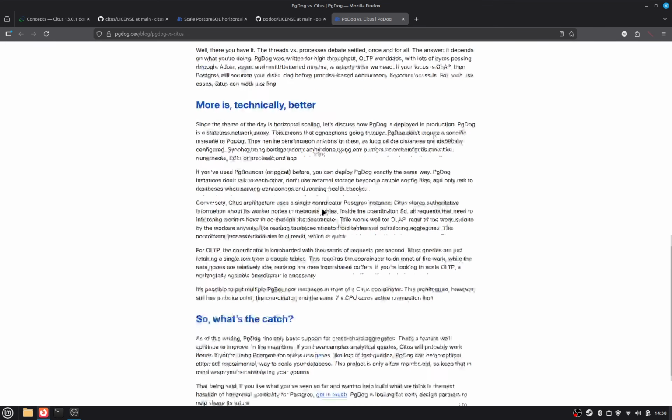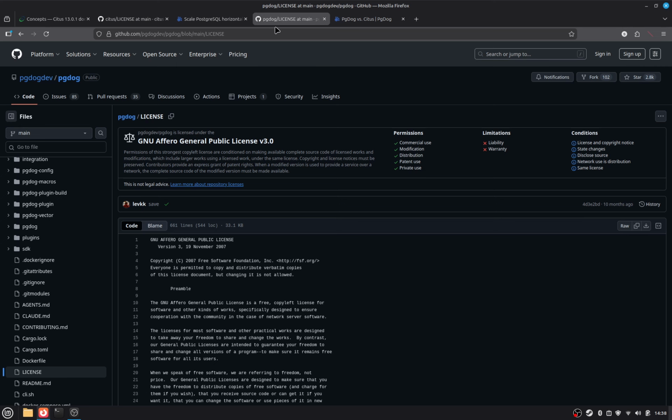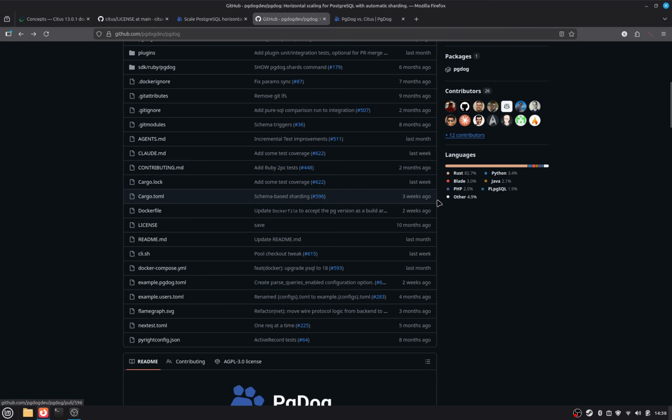If you read this blog, it becomes very clear. Performance wise, neither should be your choking point. You can see it is primarily done in Rust, and the other is primarily done in C and PL/pgSQL, so essentially performance will be similar.